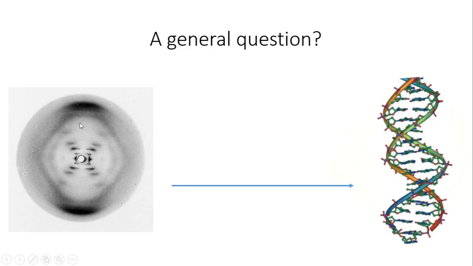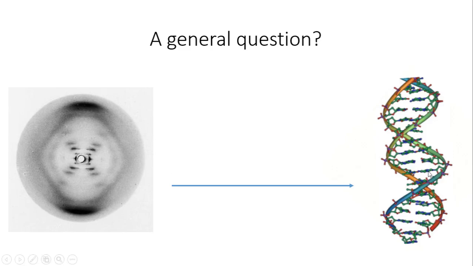No need to say that this is the diffraction pattern of a very famous nucleic acid called DNA. This is called Photo 51, and this represents the diffraction pattern that was obtained by Rosalind Franklin back in the 1950s. So based on this diffraction pattern, it became possible to deduce the structure of DNA.